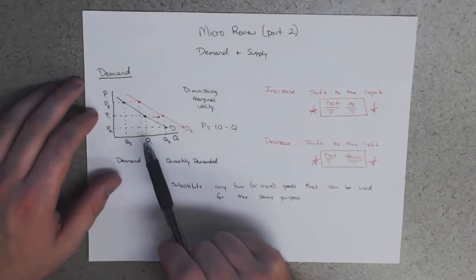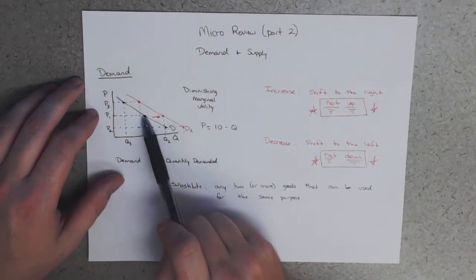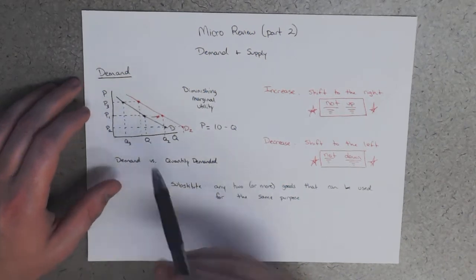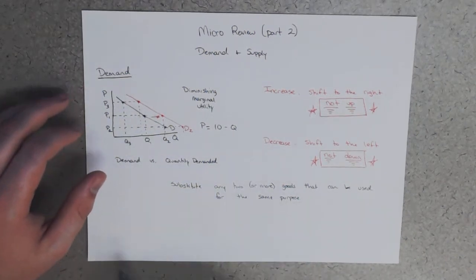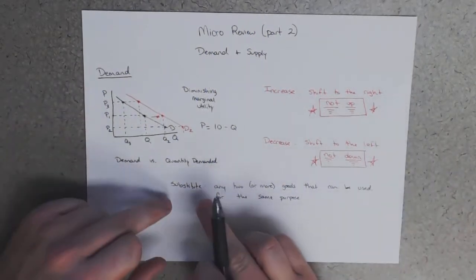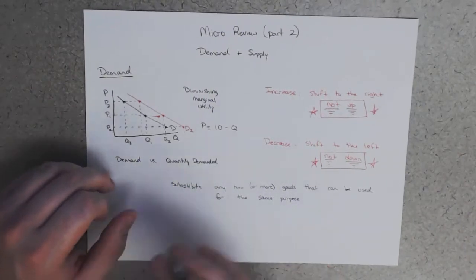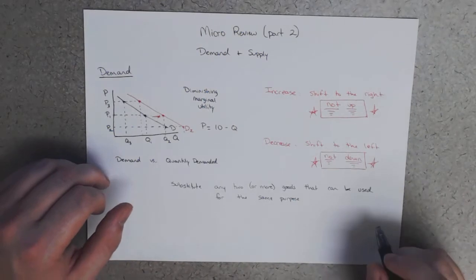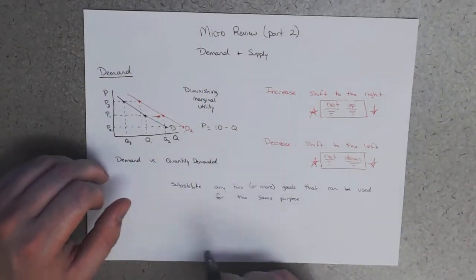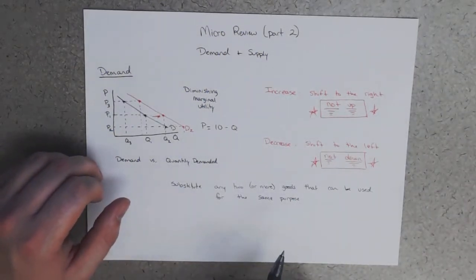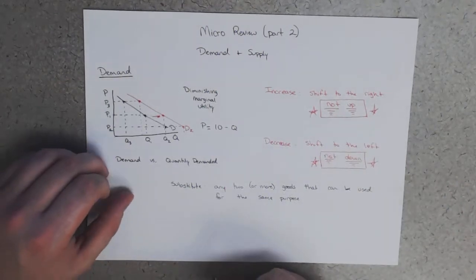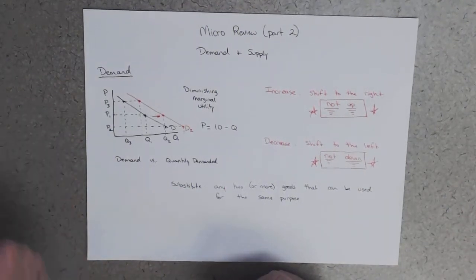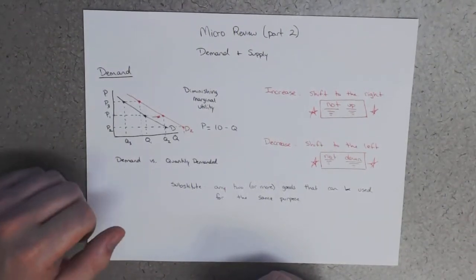And if the price of Coke fell, your demand for Pepsi would also decrease. So price and demand, in the case of substitutes, move in the same direction. If the price of a substitute increases, your demand for that first good increases. When the price of a substitute decreases, your demand for that good will also decrease.